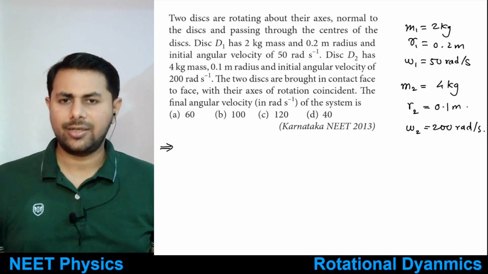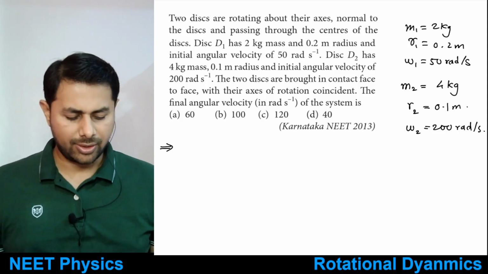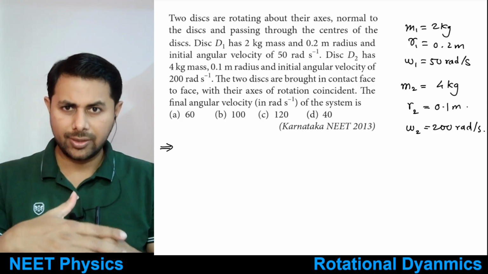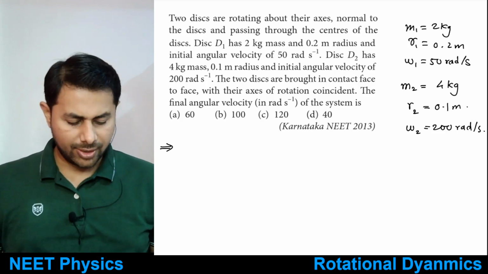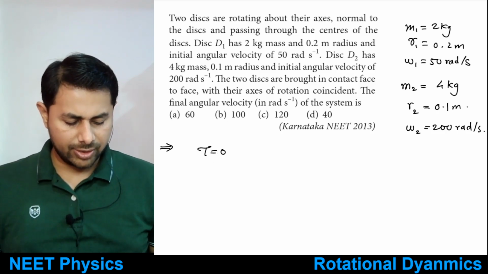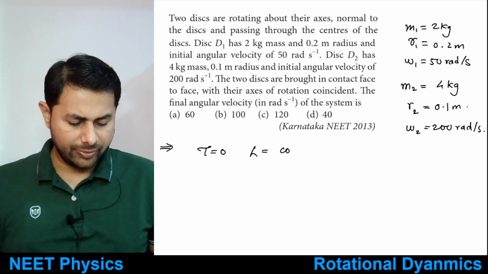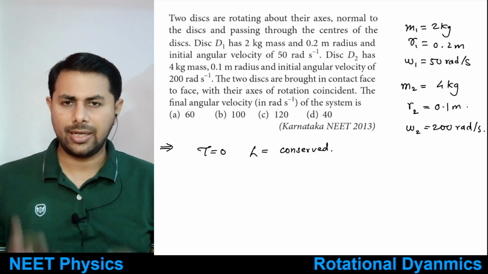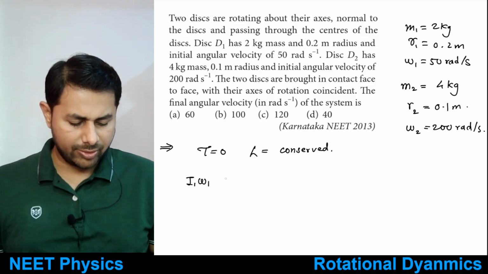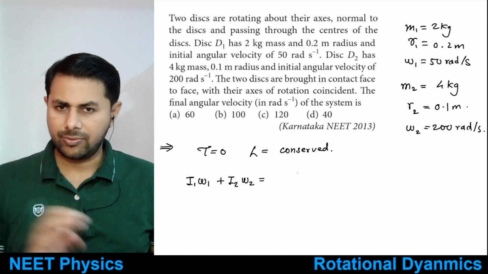Again we'll say that there is no external torque, the two discs are just kept over one another. So no external torque, so angular momentum is conserved. Tau is equal to 0 means L is conserved, and therefore I1 omega 1 plus I2 omega 2, the initial angular momentum, is equal to the final angular momentum.